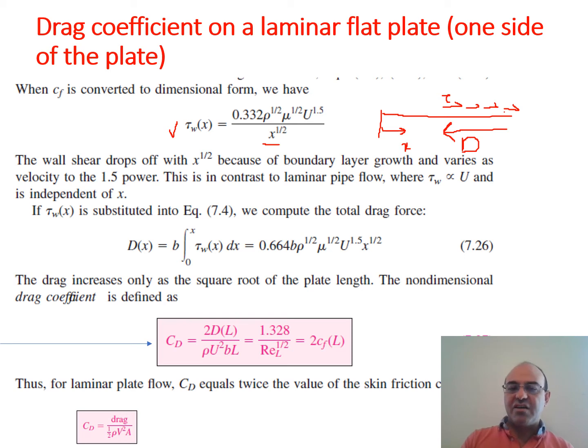So the integral of tau in the direction of x, multiplied by b, the width of this plate perpendicular to the screen, from x0 to x, meaning from the beginning of the plate to any x, for instance the end of the plate, would give us the drag force D. If we substitute tau from the equation up here and integrate with respect to x, everything else is a constant except for x, so we can evaluate the integral.